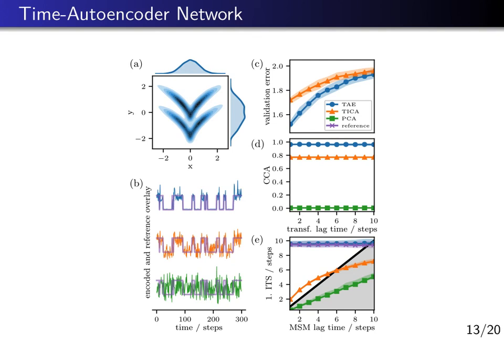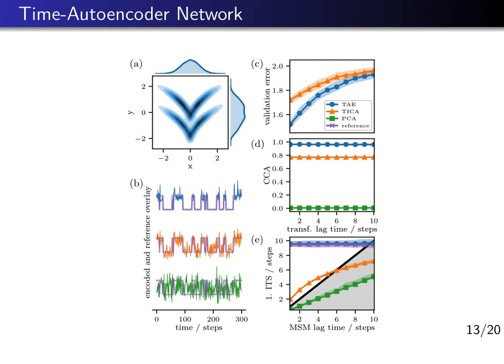Whereas if you use a time-autoencoder, you can find a nonlinear separation of the signal, and that's when you get the blue curve, and here you really see very nicely that there are two states. They are well separated, and you get an embedding, or a low-dimensional latent space representation, of the original data in which the slow processes are nicely resolved.